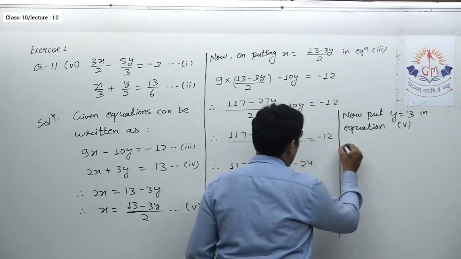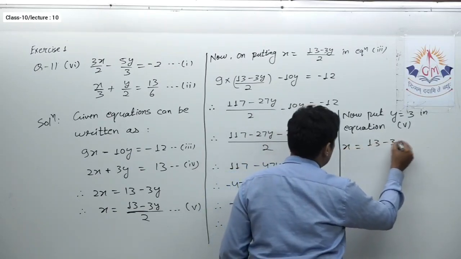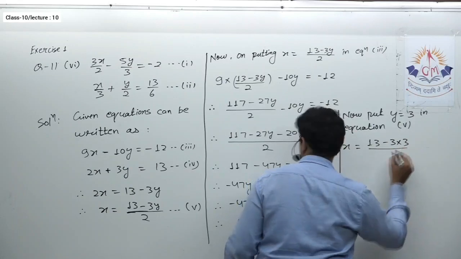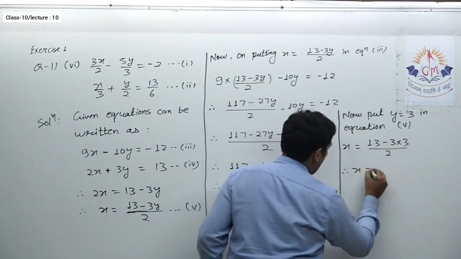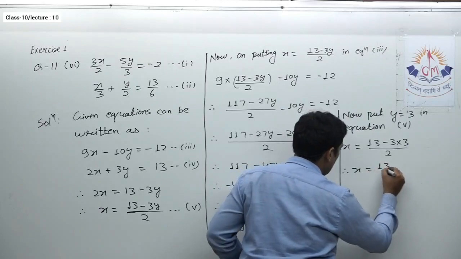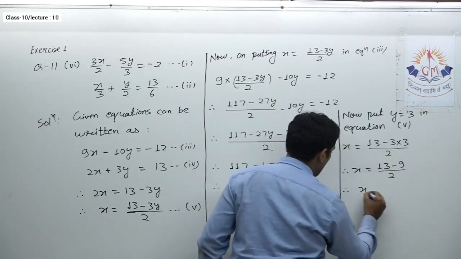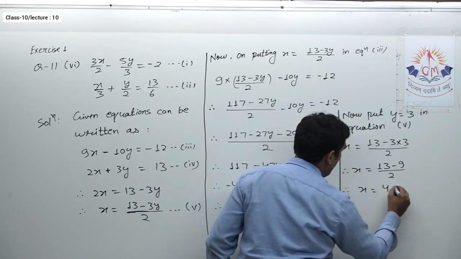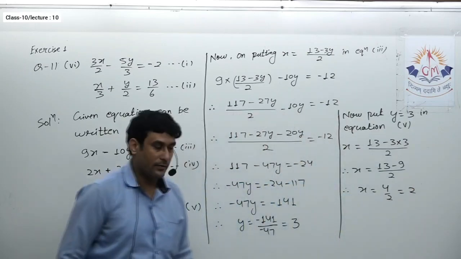So x is equal to 13 minus 3 into 3, y is equal to 3, upon 2. Or x is equal to 13 minus 9 upon 2. Therefore, x is equal to 4 upon 2 and that is equal to 2. So here we got the value of x as well.